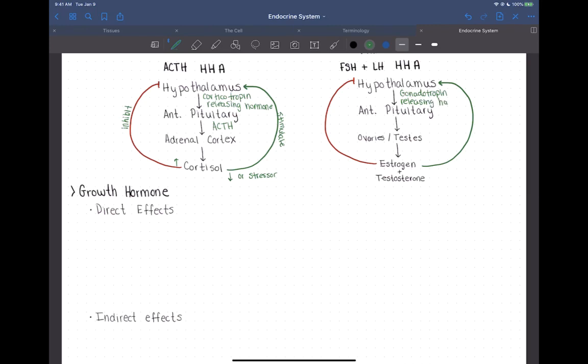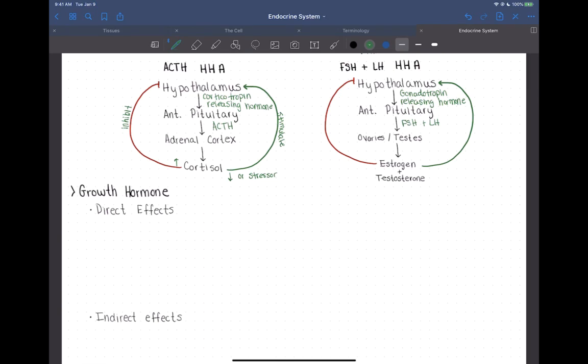All right, that is going to go to the anterior pituitary, cause the secretion of FSH, LH, so follicle stimulating hormone, luteinizing hormone, those are going to go to the ovaries or the testes depending on the individual, and that will stimulate secretion of estrogen, also progesterone, all right, in females, and then testosterone in males, okay?